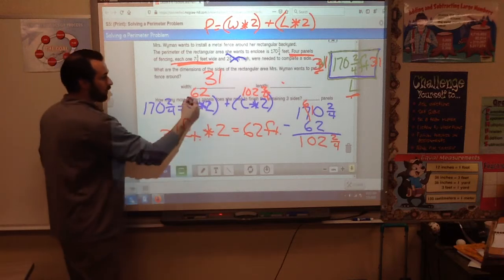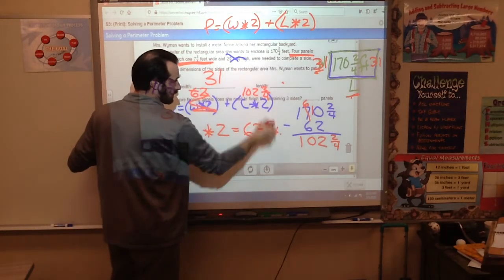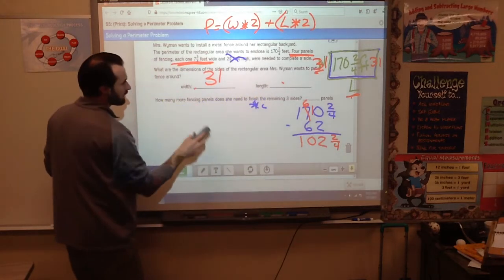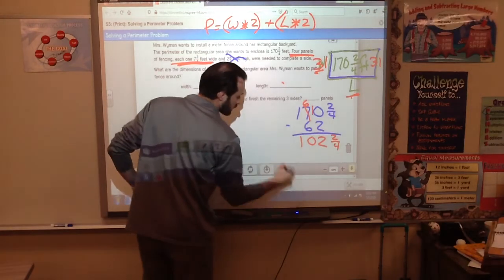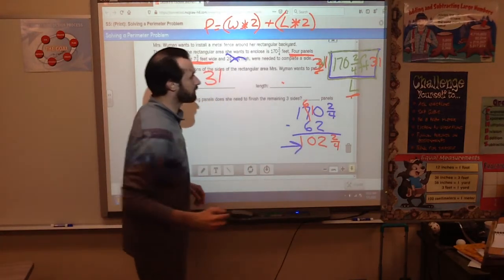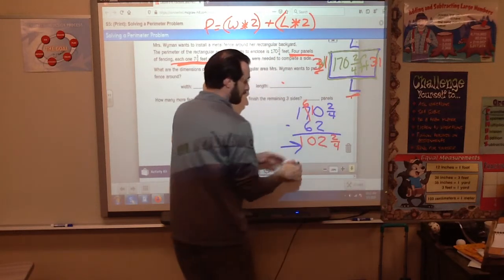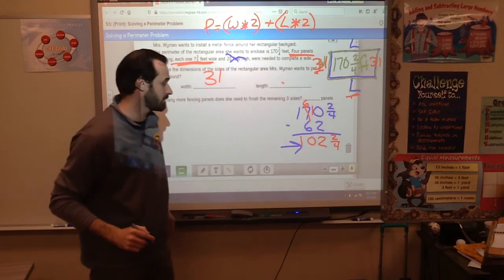Now, what we know is that this 102, I'm going to erase this part right now. Here's what we know now. That this 102 and 2/4 is the length, but it's the length times 2. So we have to take this and cut it in half.